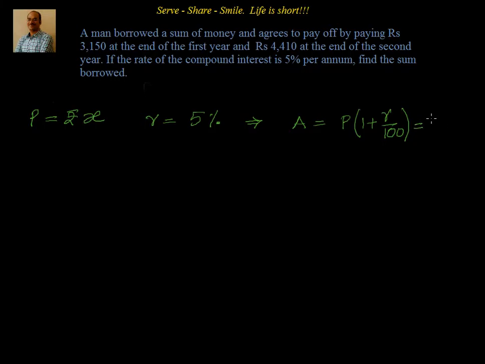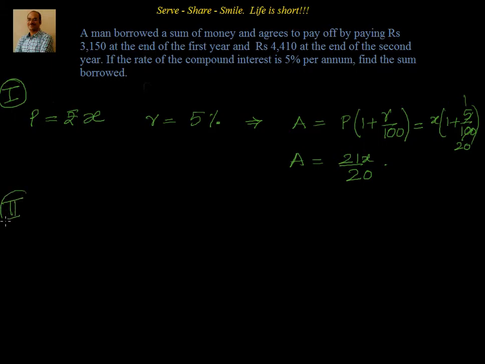We will have X into 1 plus 5 by 100, and if you simplify that, that is equal to 21x by 20. 1 plus 1 by 20 is 21 by 20, so 21x by 20. So if the man hasn't paid 3150, this is the first year case.